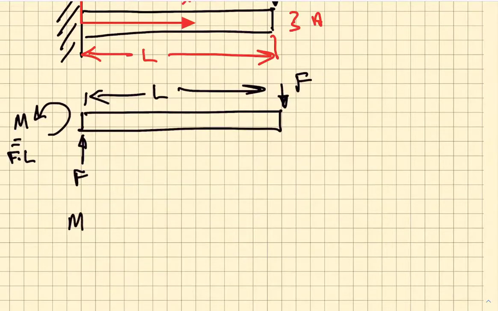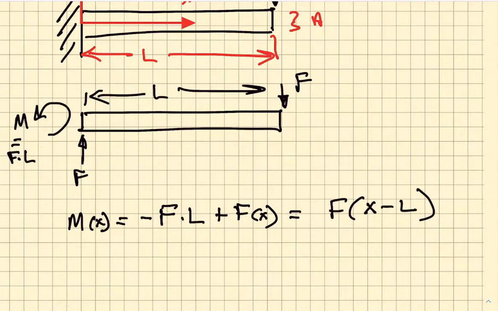The moment expression as a function of X would simply be minus F times L, that's the moment at the end of the beam, plus F times X, and that is just F times (X minus L). I also have two stored energies associated with this beam.